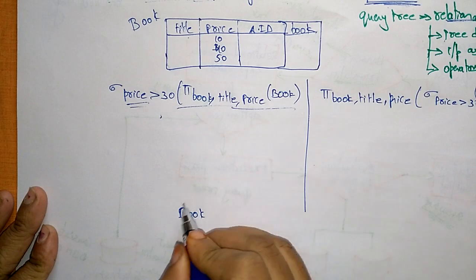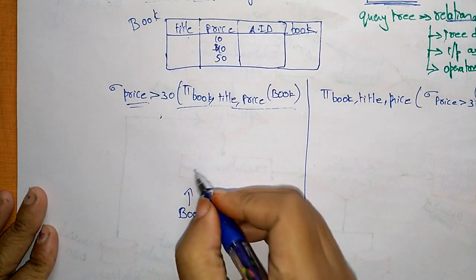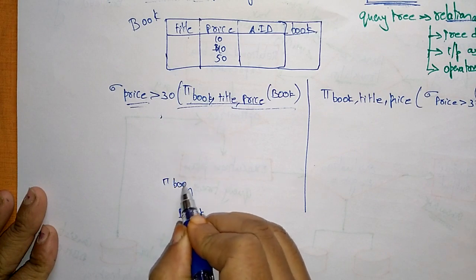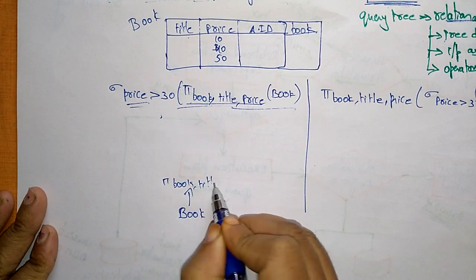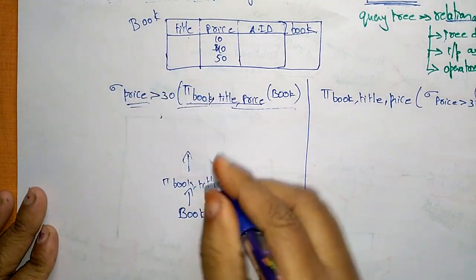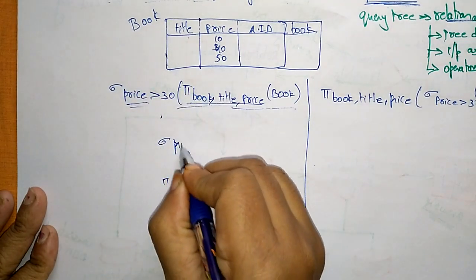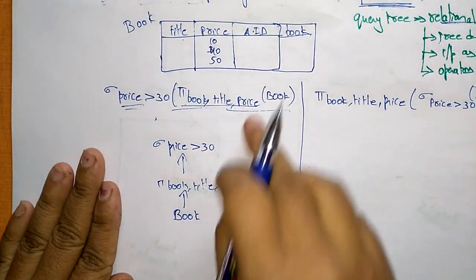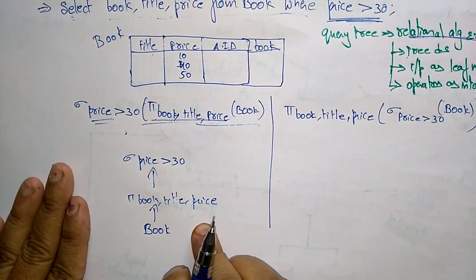First take the book. After that, take the projection of book, title, price. After that, the main expression, sigma price greater than 30. This is one way of representing the expression in a query tree.